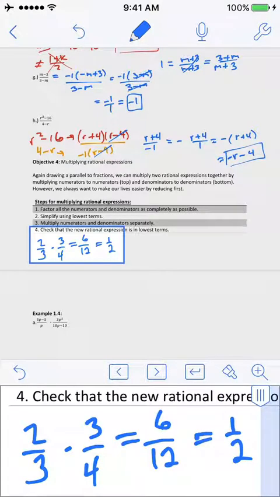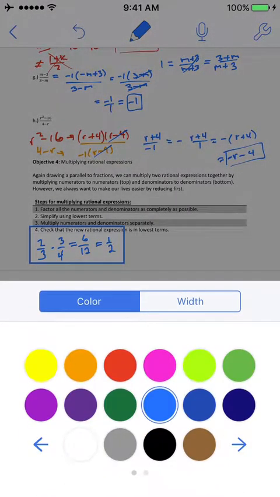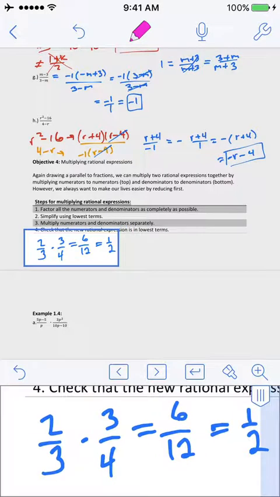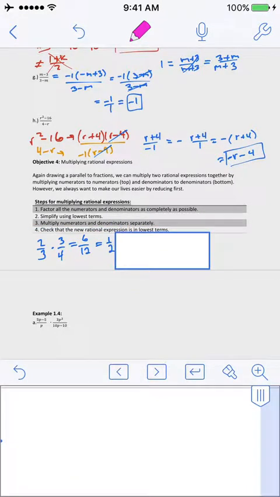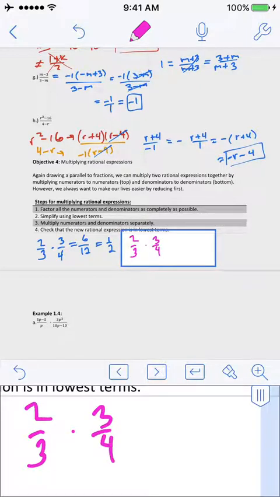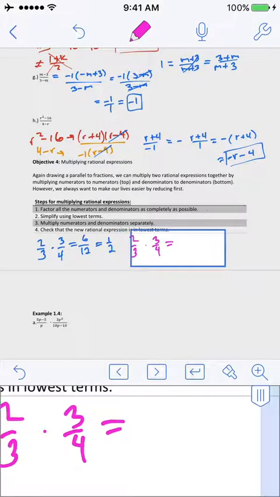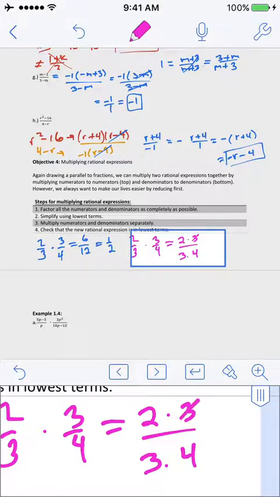However, a little cheater mode, if you want to save yourself some time, is to start by reducing. So same problem, 2/3 times 3/4, right? I can write it as 2 times 3 over 3 times 4, putting them under one fraction, right? And then I notice that I've got some things that cancel.